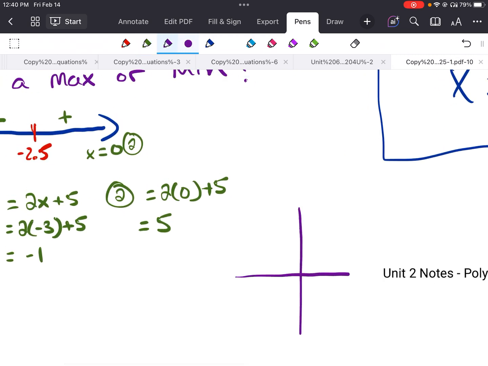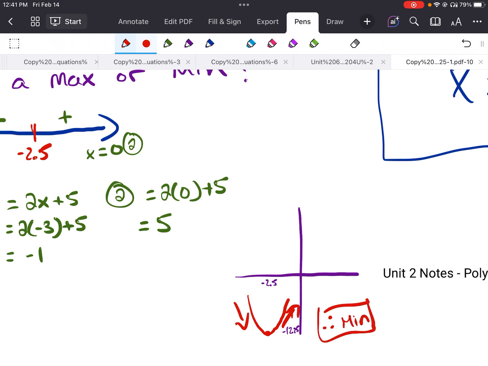So if we were to draw a graph, at negative 2.5 and negative 12.25, we know we have a turning point there, and to the left of it we have a negative slope, and to the right of it we have a positive slope. So therefore it is a min.